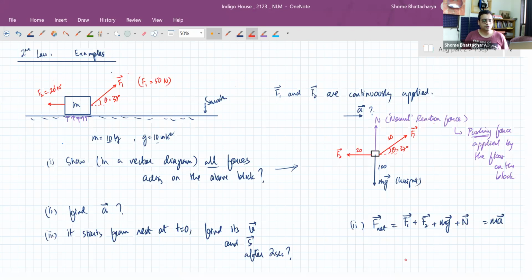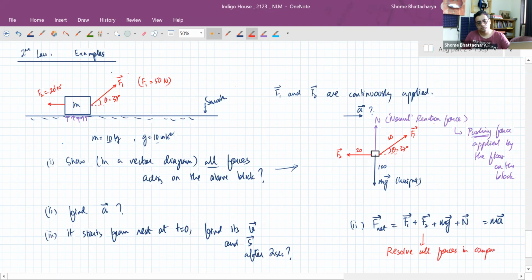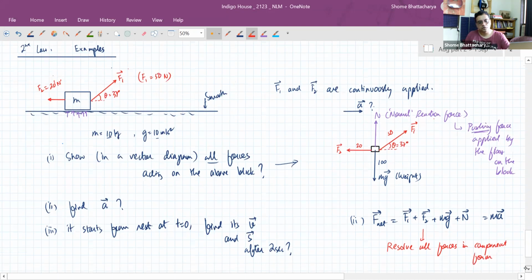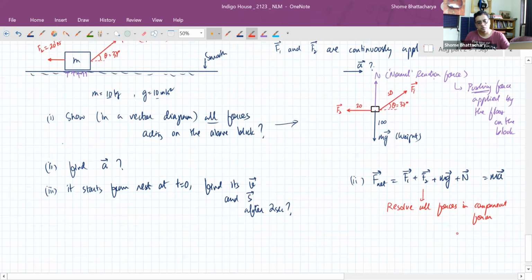So next step, what I'll do is I have to resolve the forces in component form and solve. So to resolve in component form, I'll take this as my x-axis, this as my y-axis.